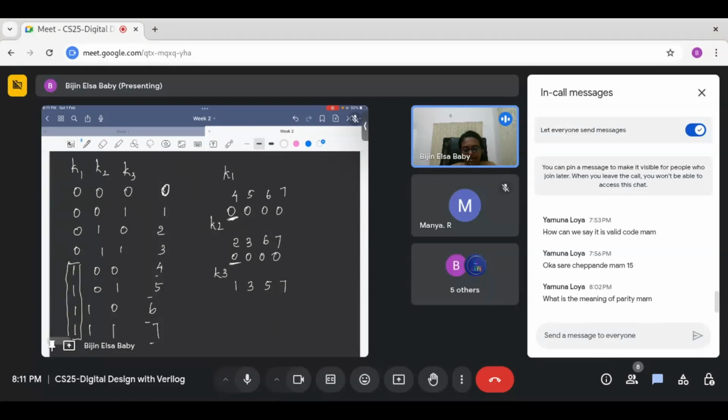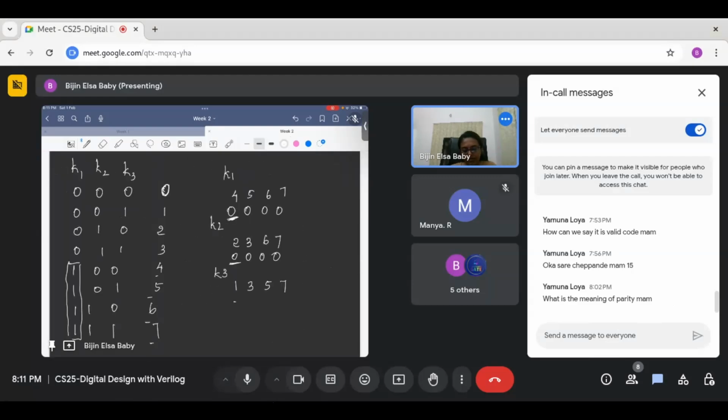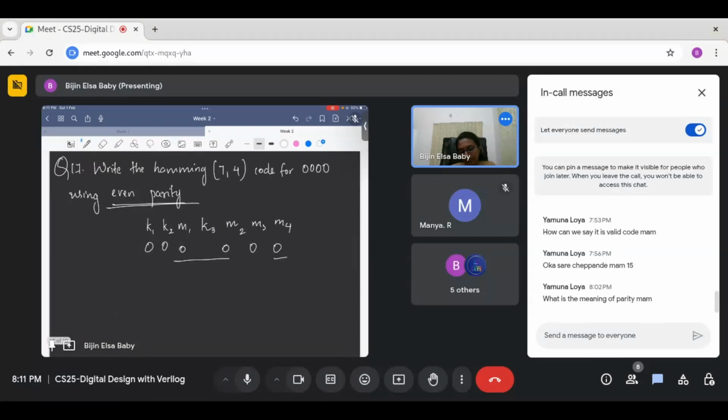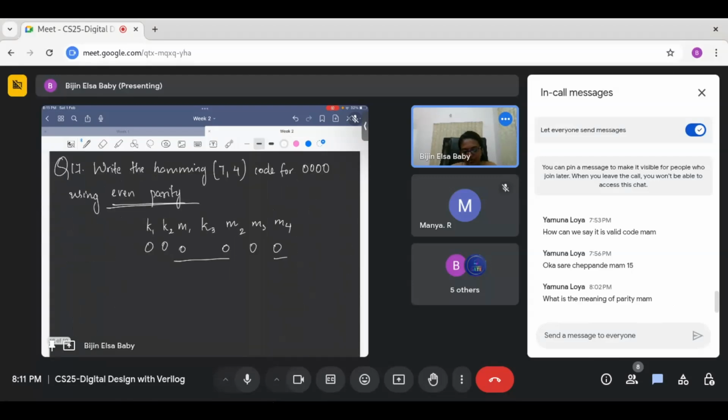Now K3 covers 1, 3, 5, 7. That will also be 0.